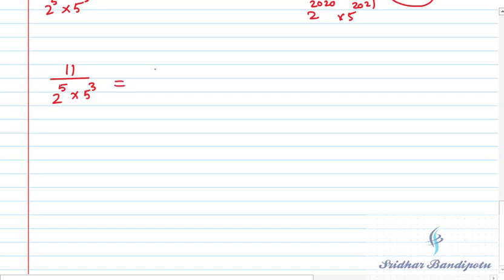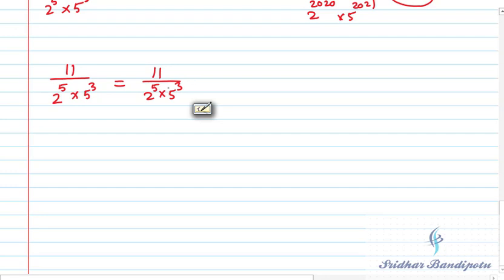So for that one, what we will do, see here, 11 by 2 to the power of 5 into 5 cube. If I want the decimal form, then I want same exponents for 2 and also for 5. Here 2 exponent is 5, right? And here 5 exponent is 3.